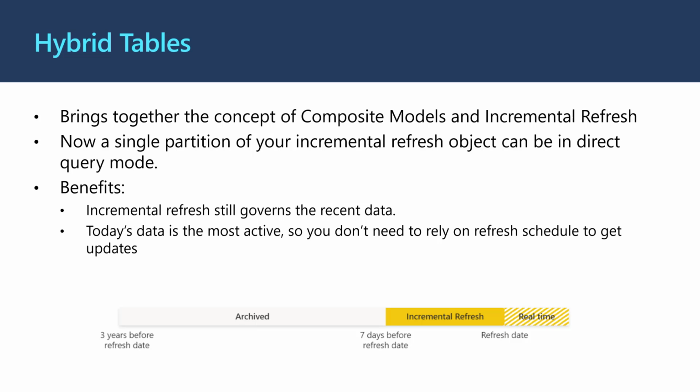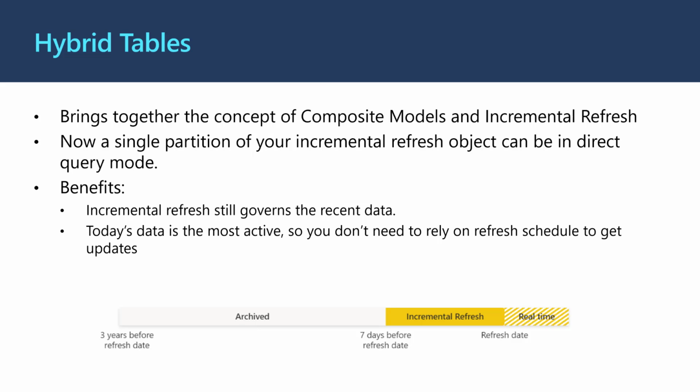Now, what it can do is the hybrid table can effectively make one of those partitions in that table direct query. And so what this enables us to do is still use incremental refresh to govern the recent days' worth of data, but all the data for today, let's say, is real time.